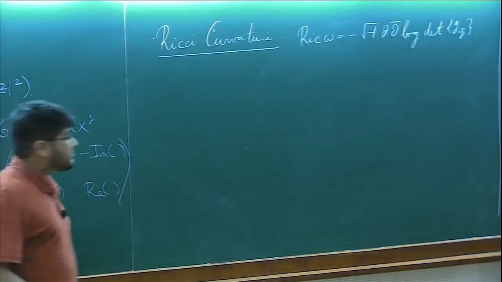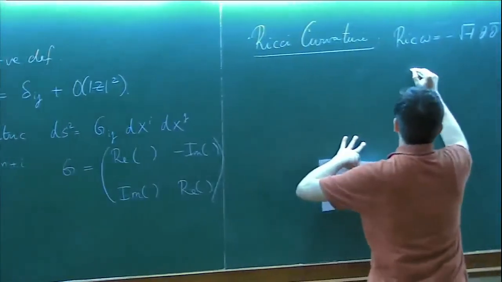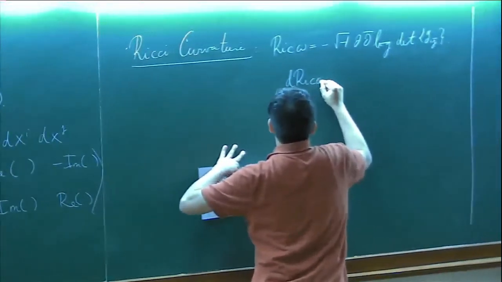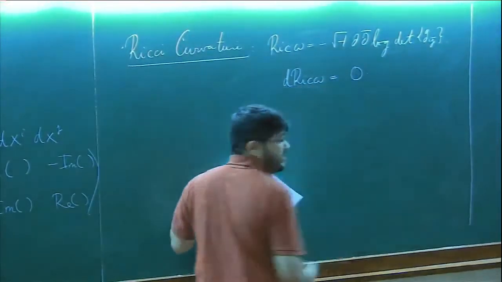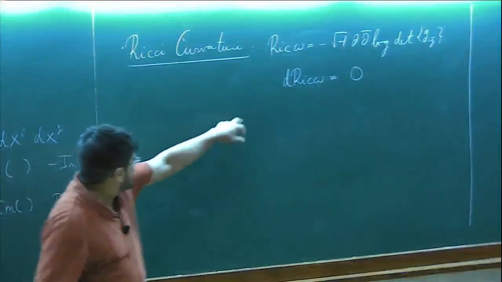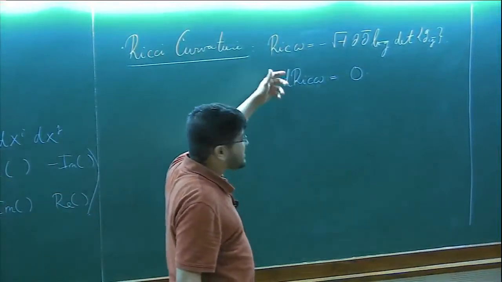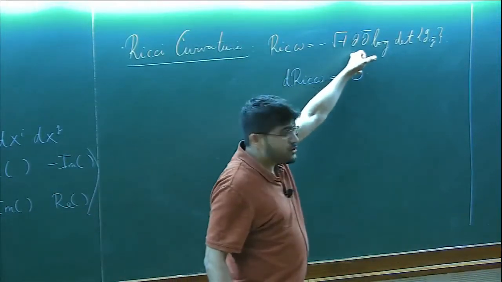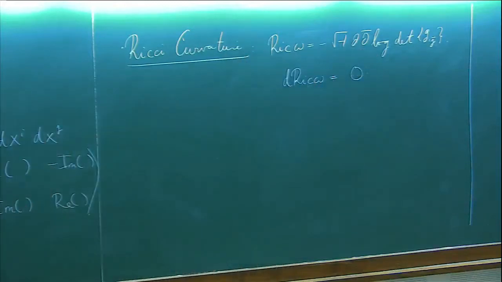One thing to notice about this is that if you take d of Ric(ω), you get 0. That's because d is ∂ plus ∂̄, and when you apply that here, you get 0.